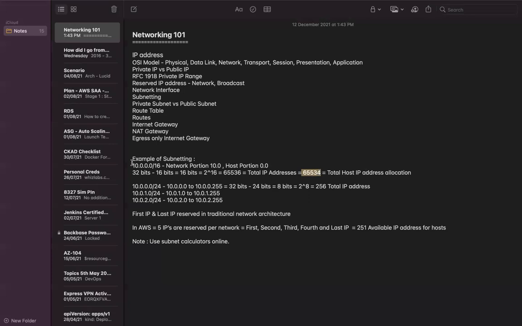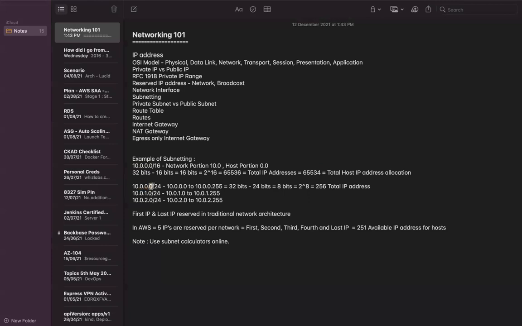So if this is true for this particular example of a very big network, let's say we subnet this network into smaller networks. Let's say I'm subnetting this /16 into a /24 network, which means in a /24 network, the first 3 octets are fixed for the network portion and the last octet can change.